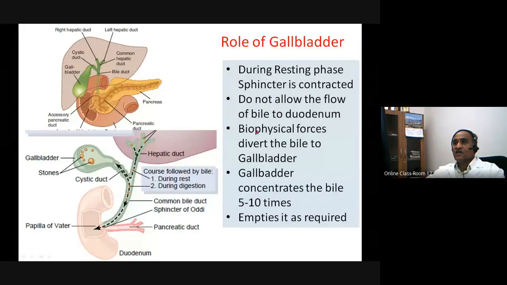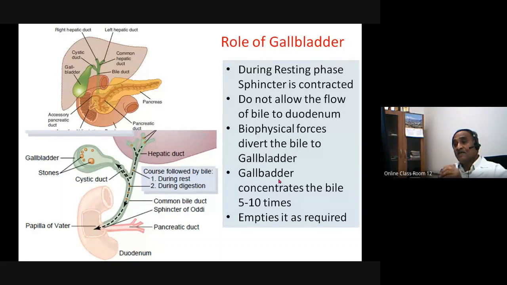And if that is not allowing, the biophysical forces will divert this bile to enter this pouch, that is the gallbladder. And the gallbladder is not a simple pouch. The gallbladder epithelium concentrates the bile by 5 to 10 times.